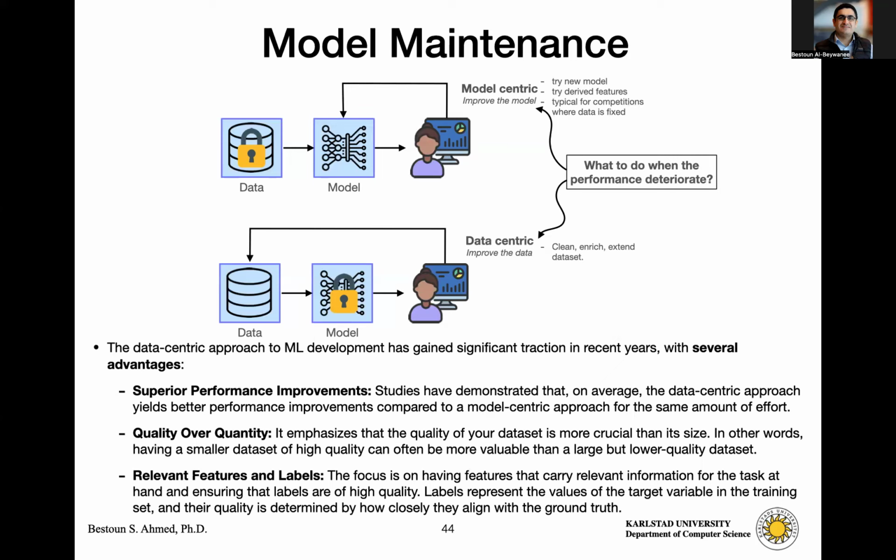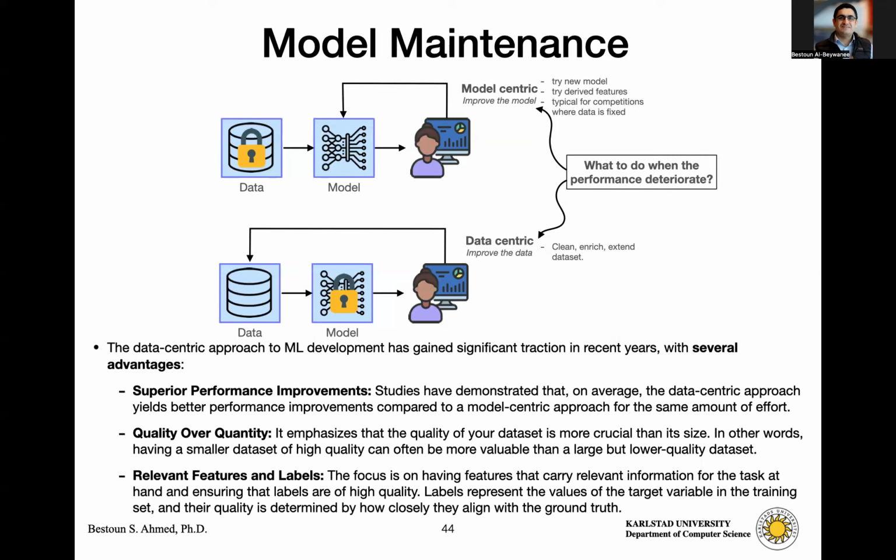Having more data doesn't necessarily mean that it is good, but having high quality data is more important, and that will lead to maintaining and improving the model, and improving the prediction or classification or whatever the model is doing. Also in your data, you should focus on relevant features and labels.